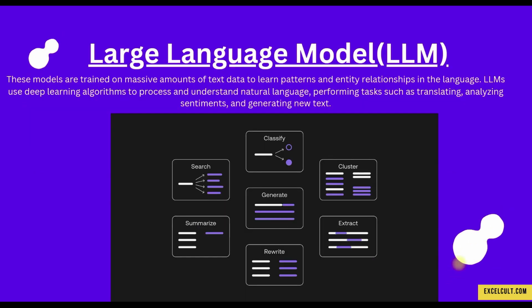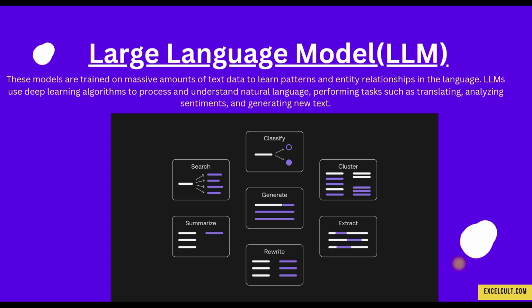And now, the most important thing that you have to understand is what is LLM, large language model. This has gained a lot of popularity in recent times. Let's try to understand what exactly is a large language model. These are models that were trained on massive amounts of data through which they were able to learn the patterns and relationships between different components available in it, basically the language.